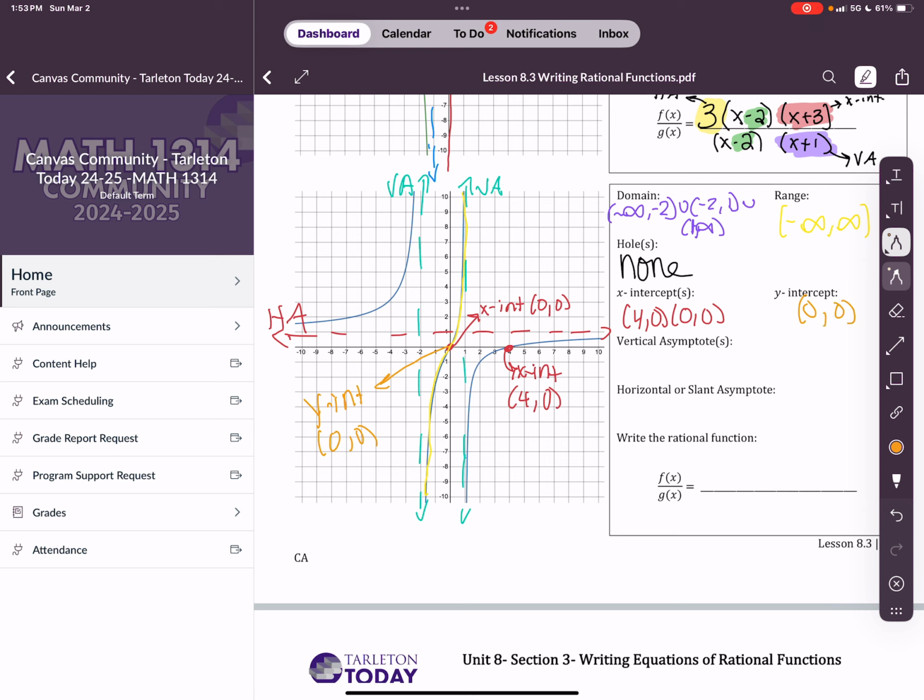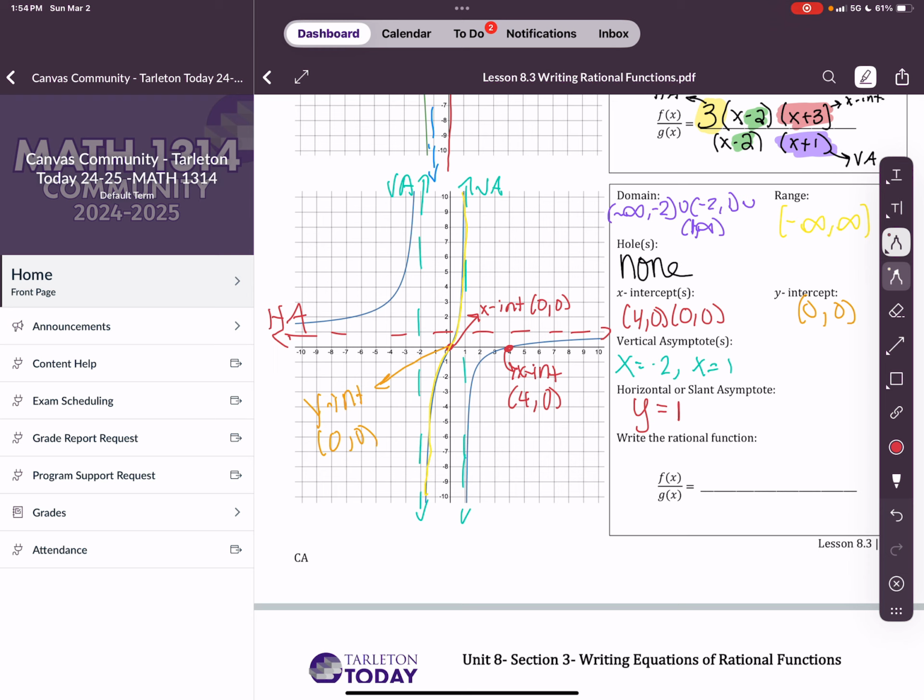Our vertical asymptotes are x equals -2 and x equals 1. We have two of them on this one. And this one does have a horizontal asymptote, at y equals 1.